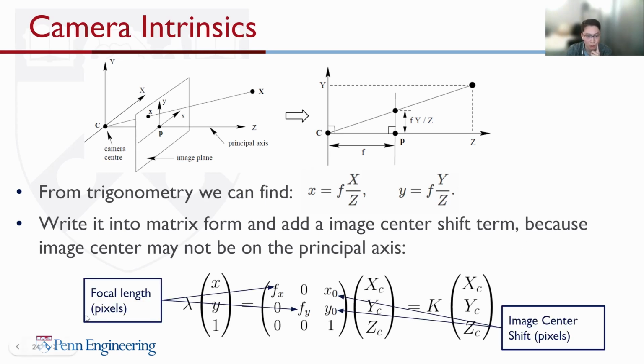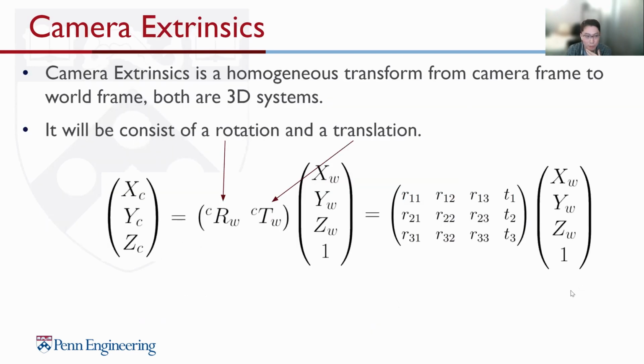One thing to note is that the focal length unit is pixels, so it will be something like 500 or 600 pixels. If you know the pixel size, for example 3 micrometers as we talked about, then 3 micrometers times this number will be the exact focal length of your camera. The image sensor shifts are also in pixels.